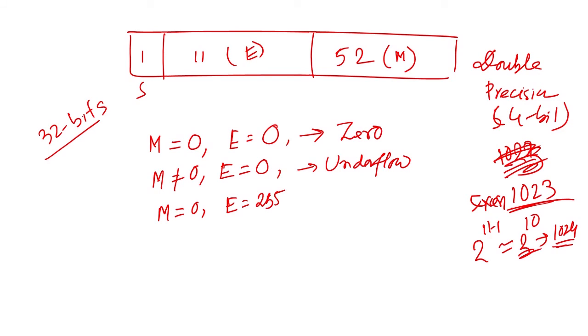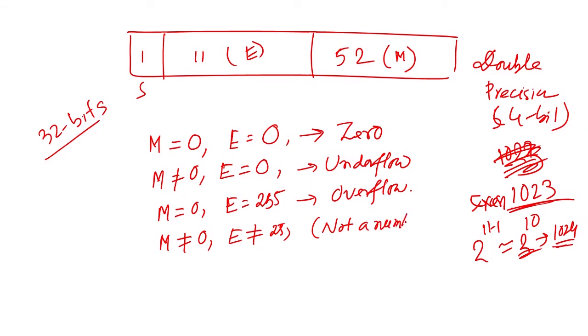Okay. So, that indicates overflow. And then the last one is m not equal to 0 and e equal to 255. So, that represents not a number, which happens when you divide by 0 or something. Okay.